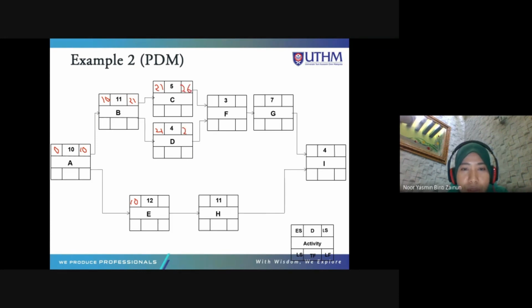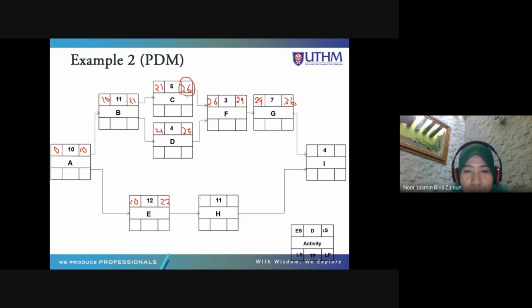So there are two arrows coming in at node F. So you have two choices between 26 and 25. So the biggest is 26. And 26 plus 3 is 29. One arrow coming in only, so carry forward 29. 29 plus 7 is 36. 10 plus 12 is 22.